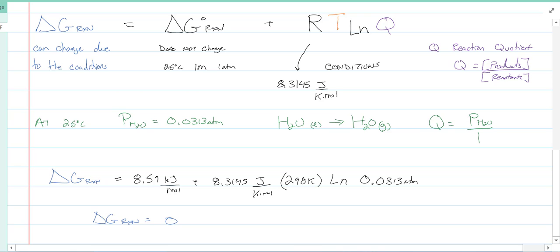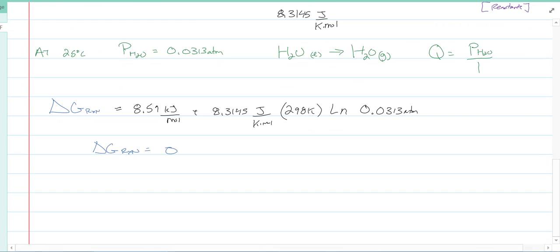How do I get that? Well, you have 3 sig figs here, so 8.59 kilojoules per mole, plus, if you do this math, and technically 298.15 Kelvin is what you get, negative 8590 joules per mole to 3 sig figs.